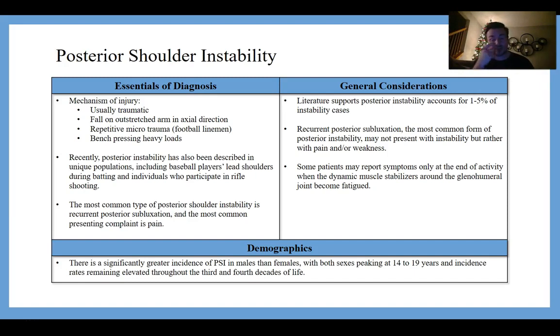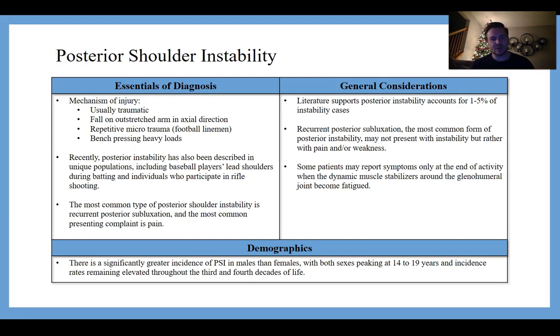Also, bench pressers and people who work out a lot may start to have posterior shoulder instability. And especially in repetitive cases, it's not instability that's noted. It's mainly pain or weakness as a limiting factor, and it's hard to dislocate the shoulder posteriorly. It does happen. However, a traumatic event needs some serious force.